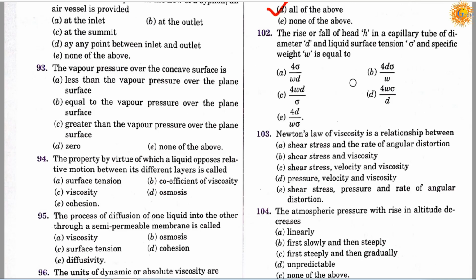So the correct answer is A, it's 4 sigma upon WD.